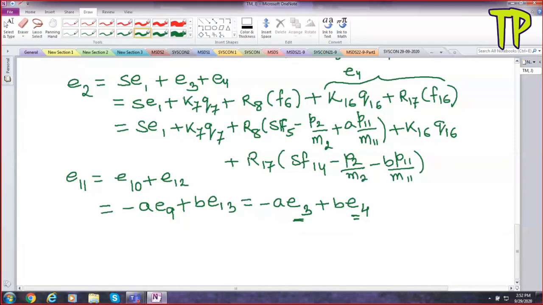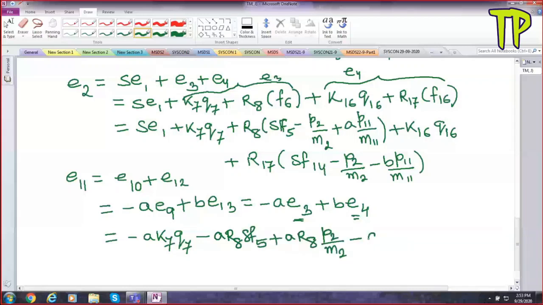This is our E3. This is E3. So we'll straight write minus A K7 Q7 plus, this is minus A R8 SF5 plus A R8 P2 by M2.